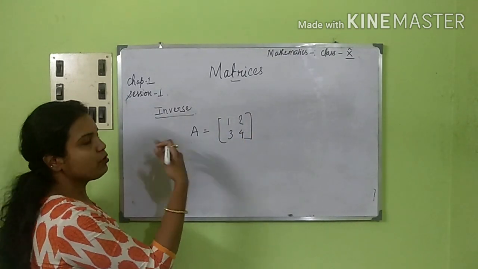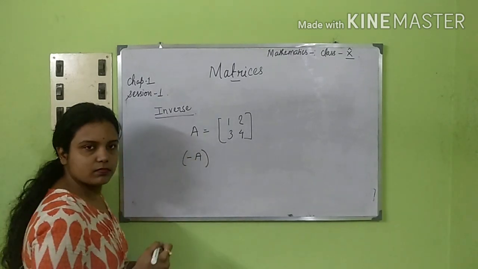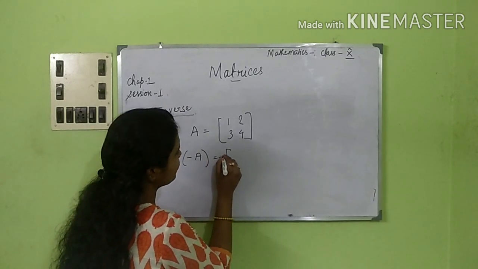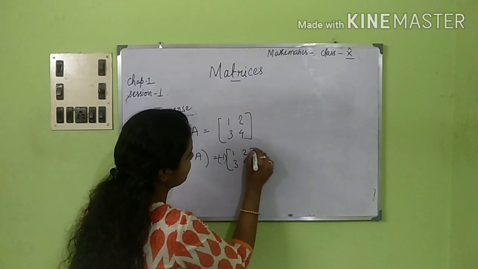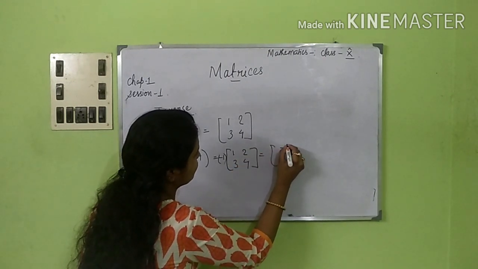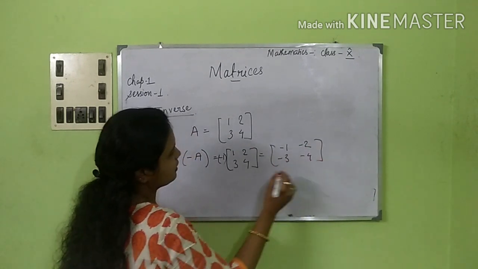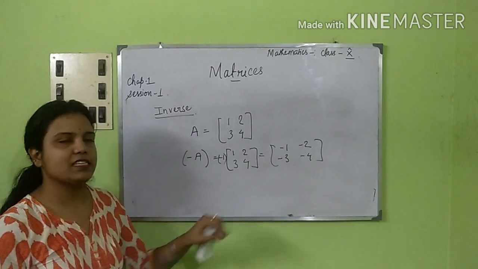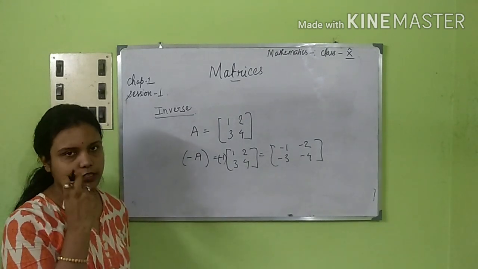Whenever we talk about the inverse, that means it will be minus A. We take the negative of the matrix. That means if minus 1 is multiplied to each of these elements, we get minus 1, minus 2, minus 3, minus 4. The minus sign gets multiplied to each and every element inside the matrix. That is what is known as the inverse of the matrix.